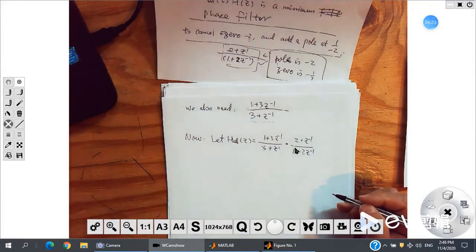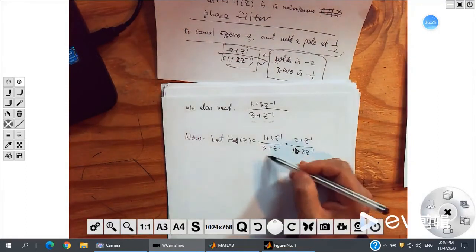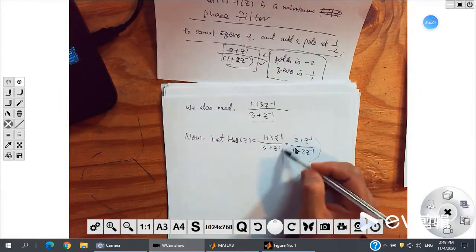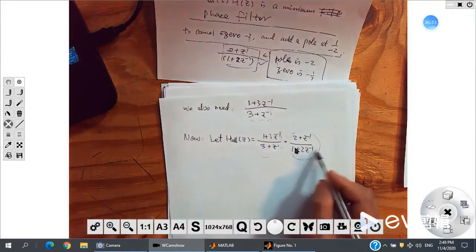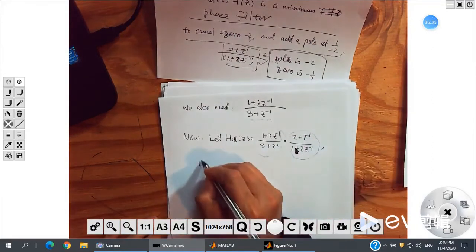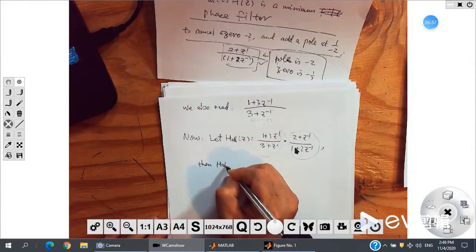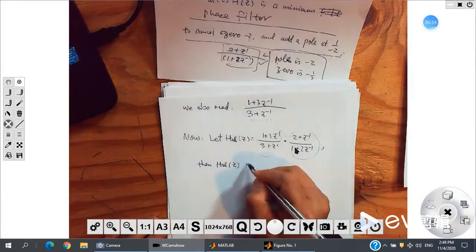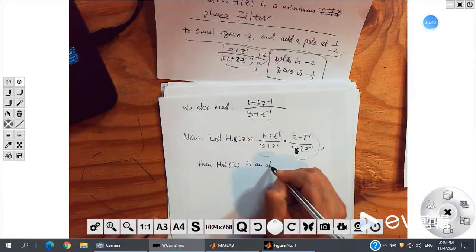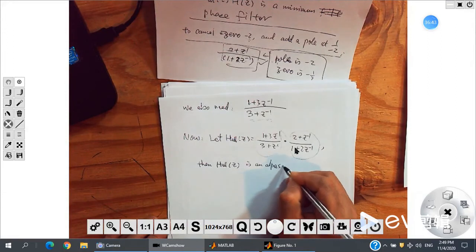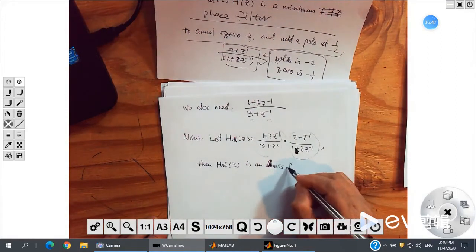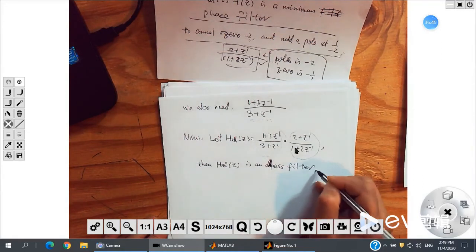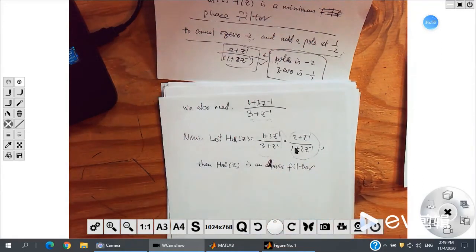I will say yes. This is a multiplication of two all pass filters, so of course the whole thing is an all pass filter. So let HR be like this. Then HR is an all pass filter.